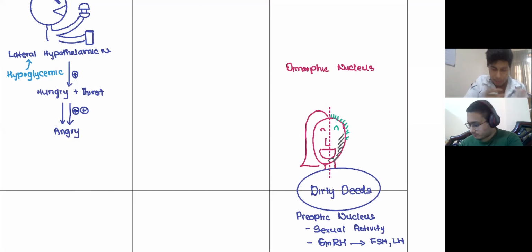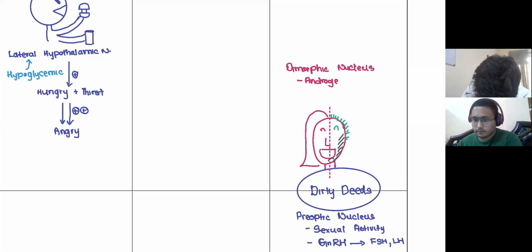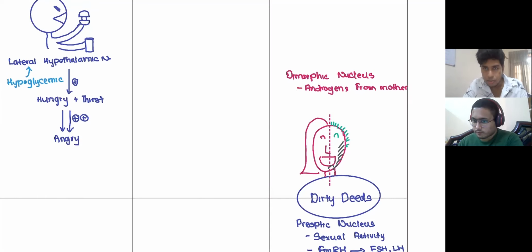And that is all because of androgens from the mother, which will cause the development of this. The androgens from the mother determine if you're going to be born as a gay child or a straight child.